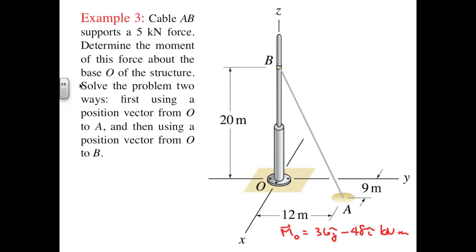We'll make a note of that result down here and then do the second operation, which is that the moment about O could also be written as ROB cross the force. So that's 20K meters crossed into 9/5 I plus 12/5 J minus 4K kilonewtons. Now the K component crossed into the other K component is 0, and we're going to be just left with the first two terms, a K cross I and a K cross J component.